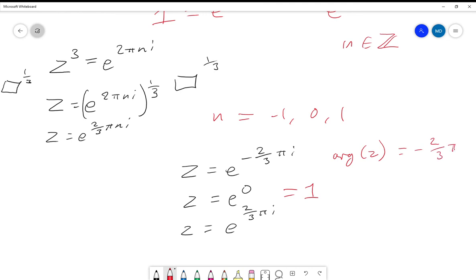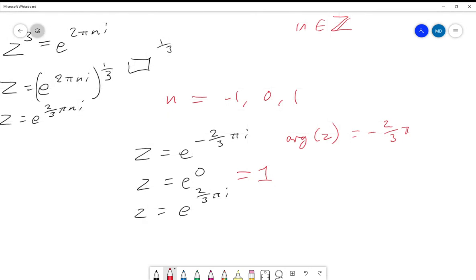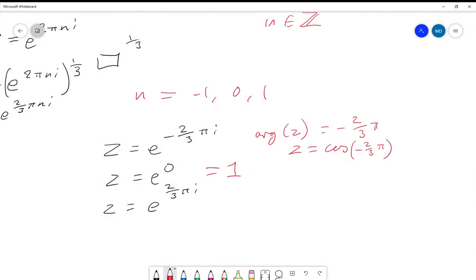And therefore, it can be written in the form z equal to cosine of -2/3 pi plus i sine of -2/3 pi. And that's really important.